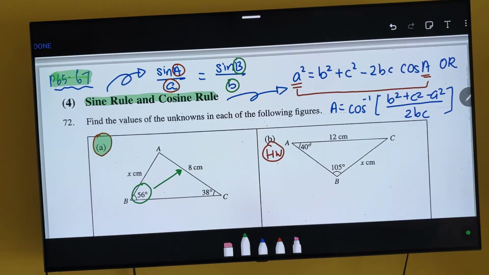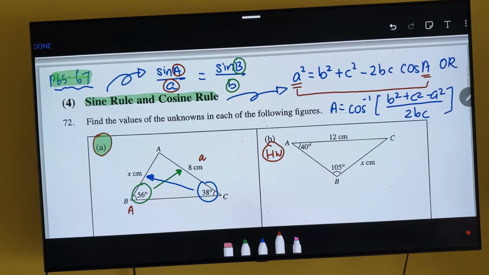Do we have another pair of corresponding angles and sides? Well, we have 38 degrees. And the corresponding side to it is opposite of it, which is x centimeters. So we can call this A, uppercase and lowercase.